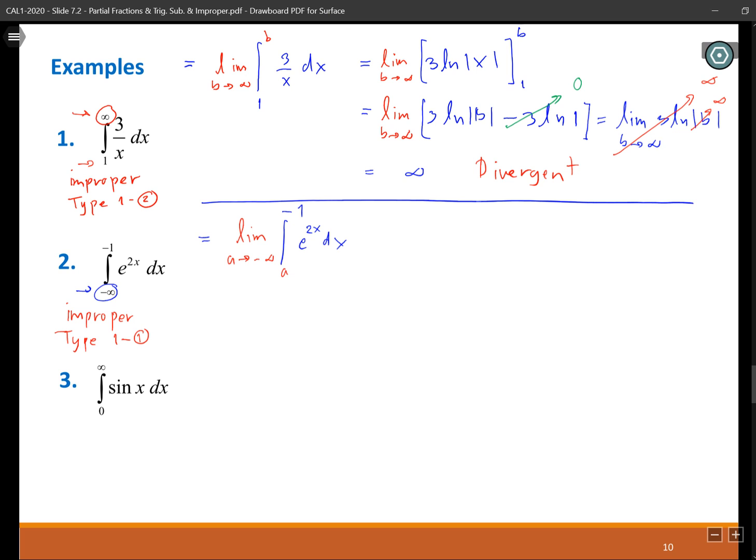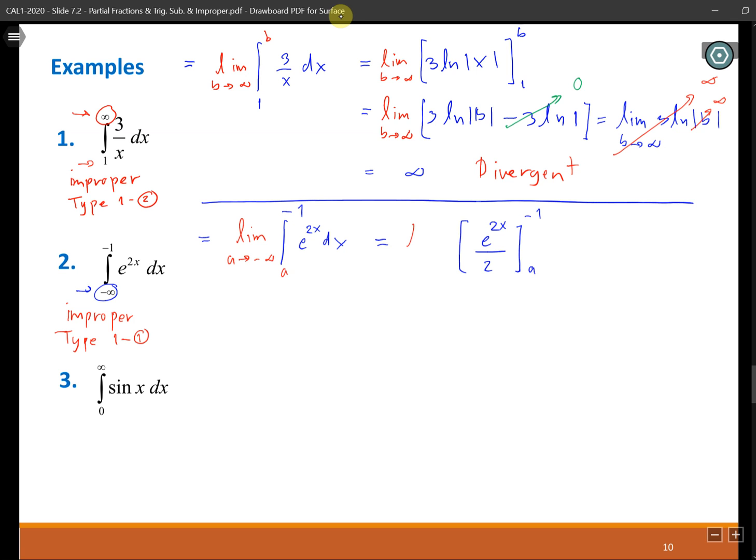After that, I just need to perform the integration normally. So I integrate e to the power of 2x, and I know this is equal to e to the power of 2x over 2, because of the reverse chain rule. I have to evaluate this at two values, a and minus 1.